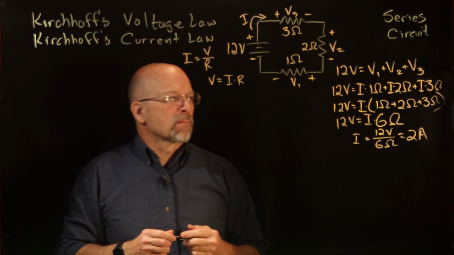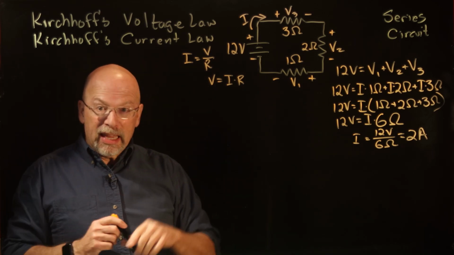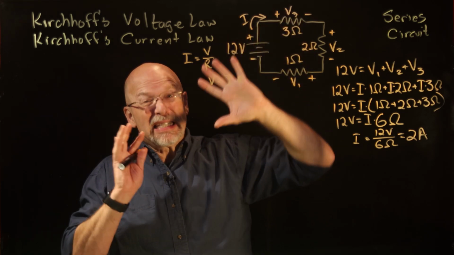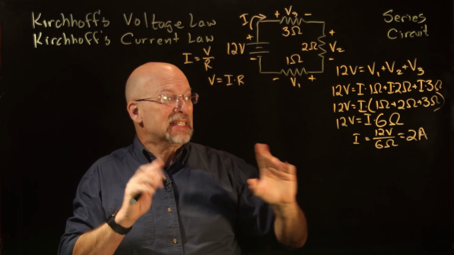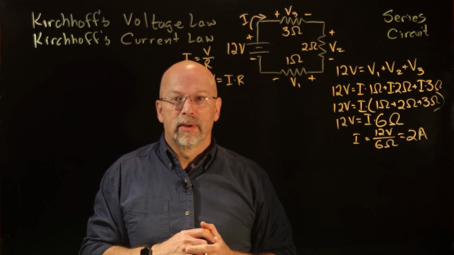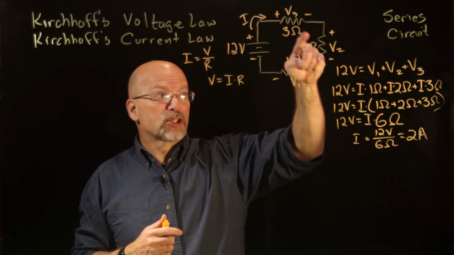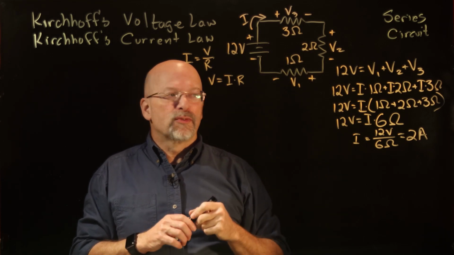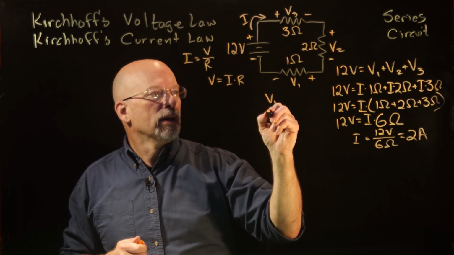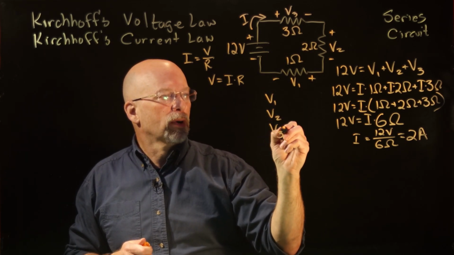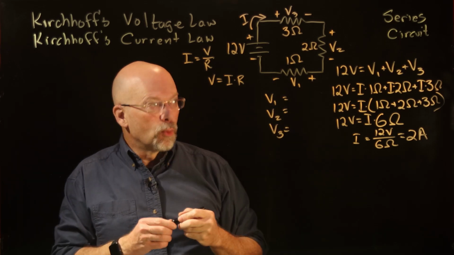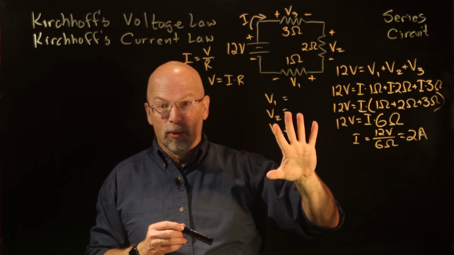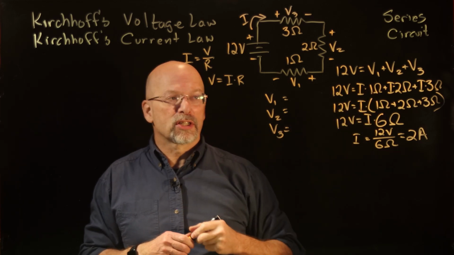All right. Now, the important thing here is to see that the 12 volt battery sees a 6 ohm resistor as far as it's concerned, which is just the sum of those resistances. But what are each one of these voltages? What's V1, V2, and V3? Well, now that we have the current, the expressions are just the current times the resistance.